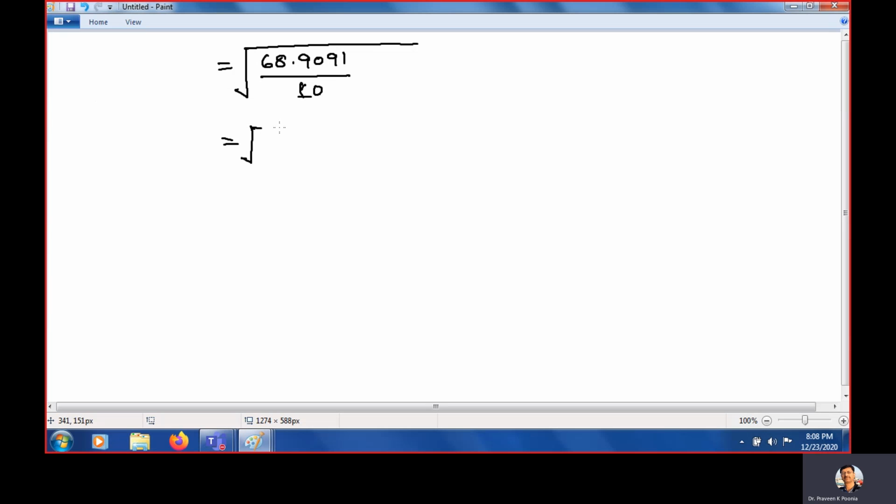If you simplify this you will get 6.89091. And if you take the square root of this value, you will get 2.6. So this is S. S means standard deviation.